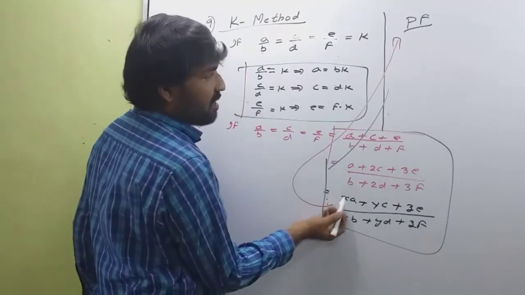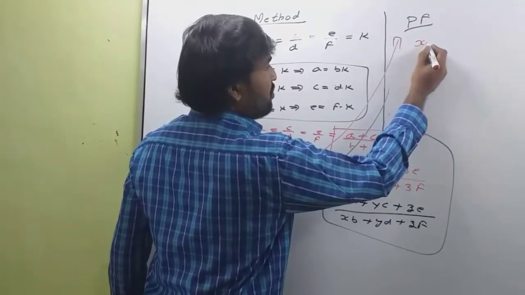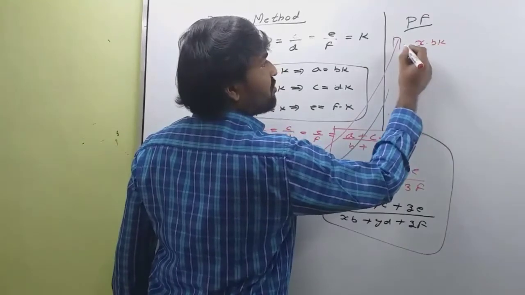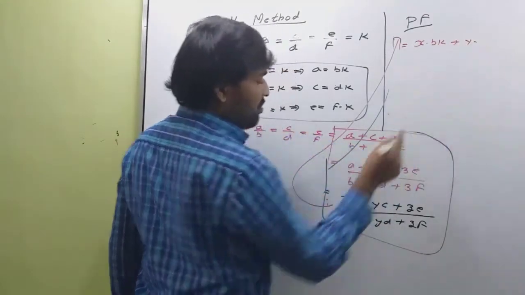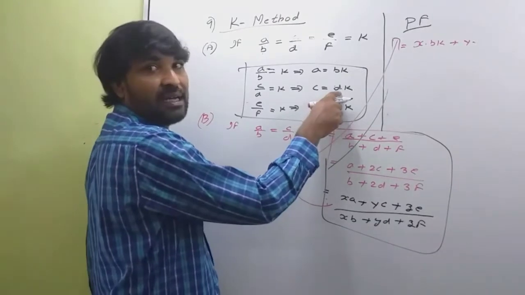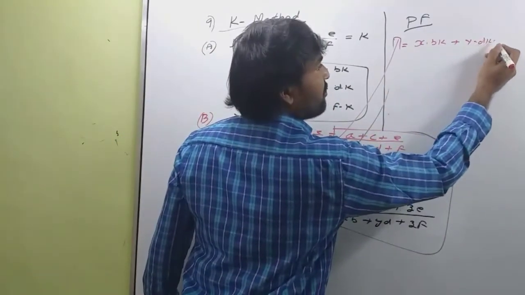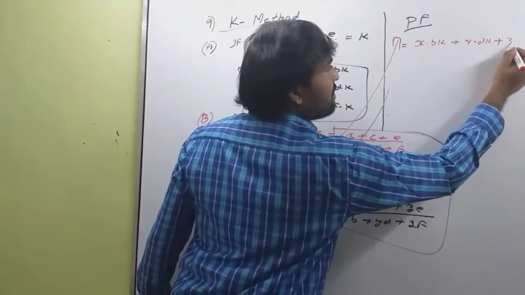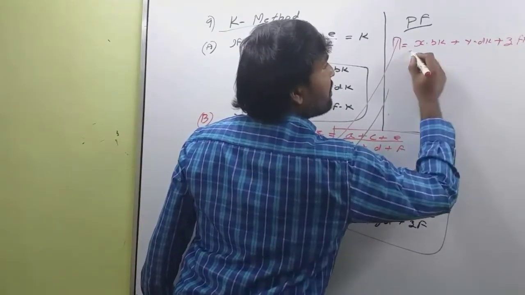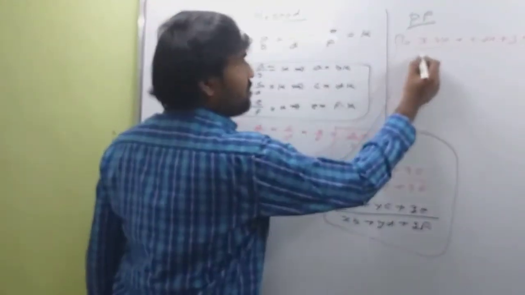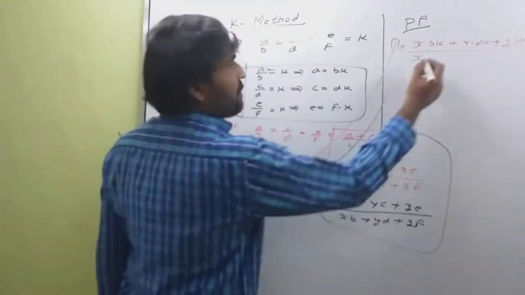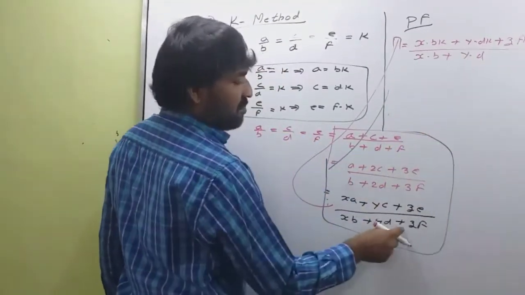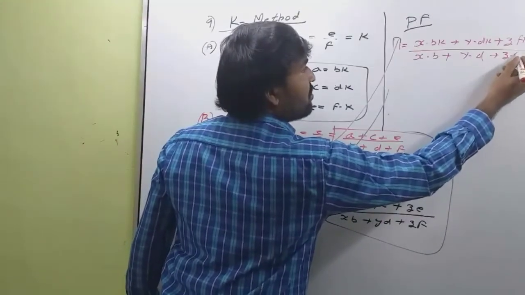Now the numerator becomes X into, what is A? A is equal to BK, plus Y into, what is C? C is equal to DK, plus Z into E, E is equal to FK, that is Z into FK, divided by XB plus YD plus ZF.